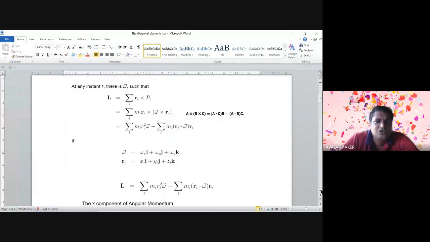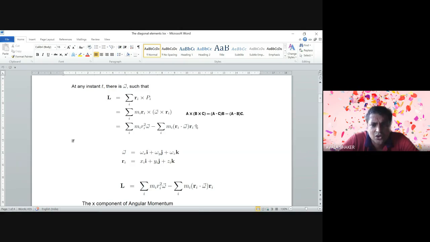Okay. So L, that's angular momentum, is nothing but r cross p. For n number of particles, you can sum it over i, as i goes from 1 to n, right? And p is nothing but m into v. So m being a scalar, you can write it as mi ri, and v as omega cross r.